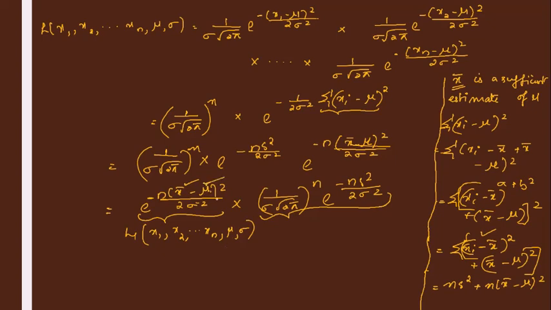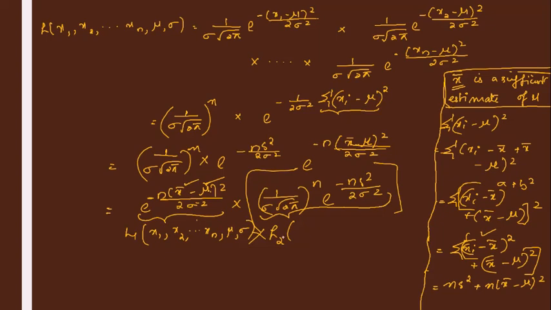In a normal distribution sigma is also your parameter, but our question is you have to check whether x bar is a sufficient estimate of mu. So here mu is involved, but in this part mu is not involved. We are only concerned with mu. Sigma is there, but that's okay.